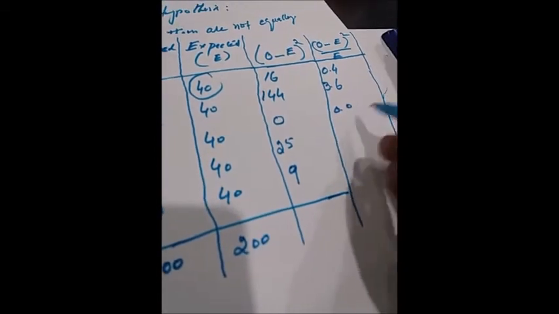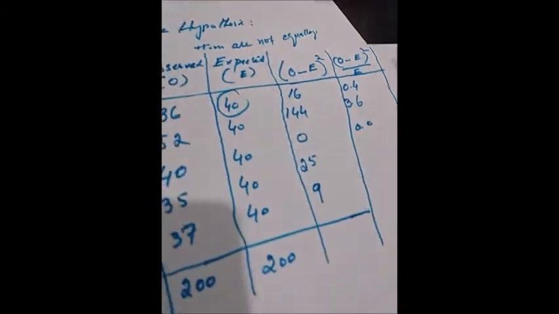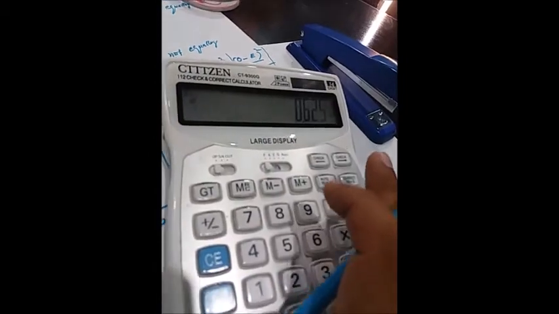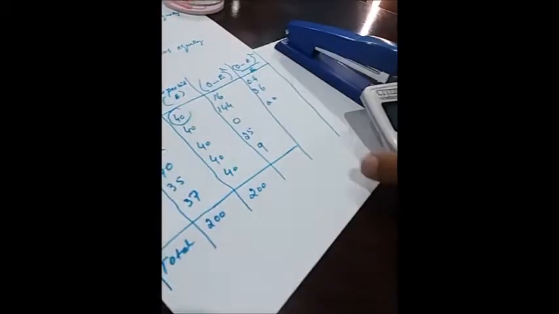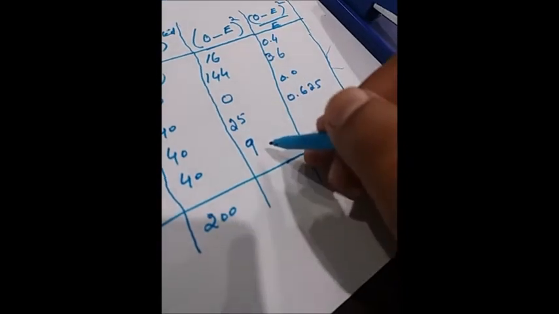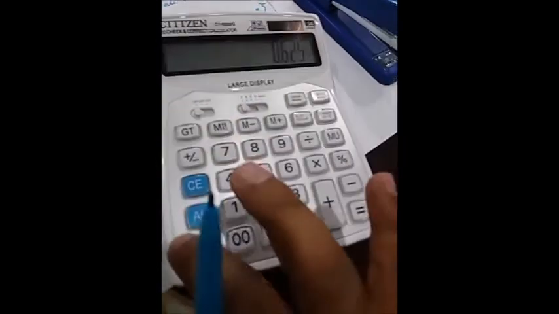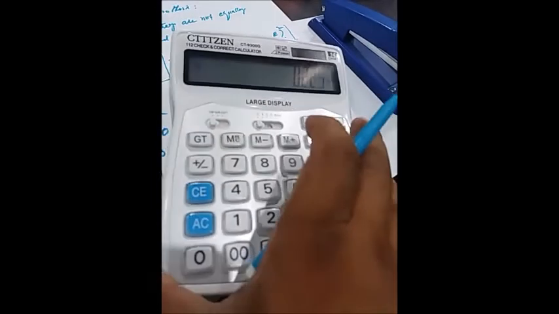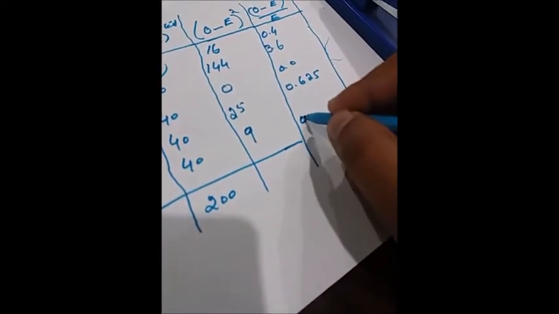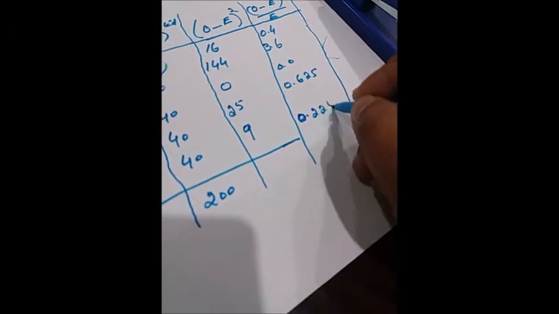0 divided by 40 is 0. 25 divided by 40 is 0.625. 9 divided by 40 is 0.225.